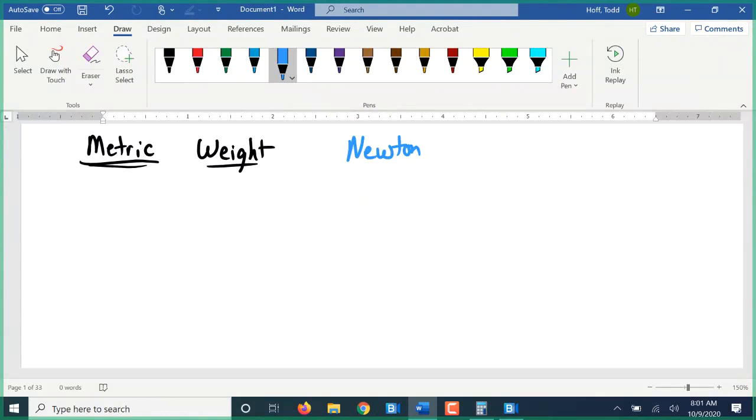Now, a Newton is not as nice and neat as our other units because it depended on the force of gravity. And gravity is not a nice, neat little unit. A Newton is about 9.8 kilograms. Or sorry, 1 kilogram, I should say, is 9.8 newtons.